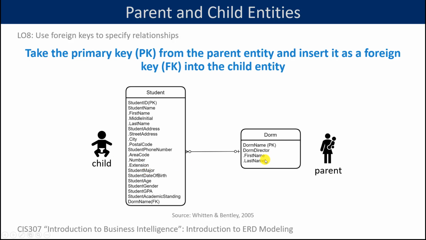To implement that relationship, you take the primary key, again, from the parent entity, which is dorm, and insert it as the foreign key into the child entity. So dorm name is the primary key of the parent entity, and it's inserted here as a foreign key in the child entity. So this is how this relationship is implemented at the technical level, right?